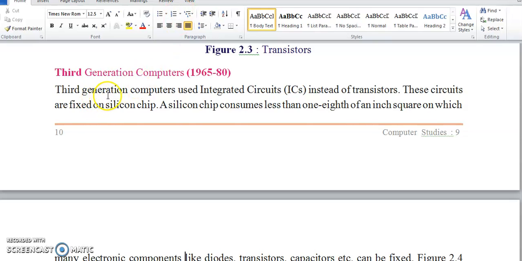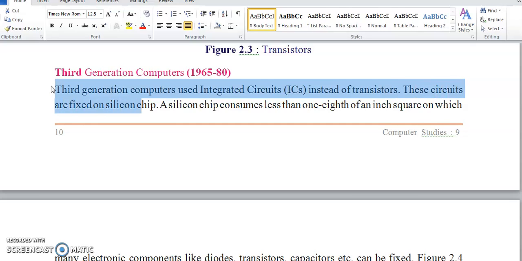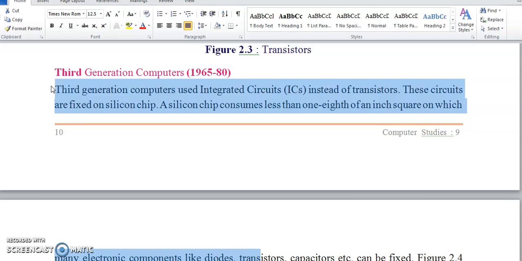Third generation computers used integrated circuits, ICs, instead of transistors. These circuits are fixed on a silicon chip. A silicon chip is less than 1/8 of an inch square, on which many electronic components like decoders, transistors, capacitors, etc. can be fixed.